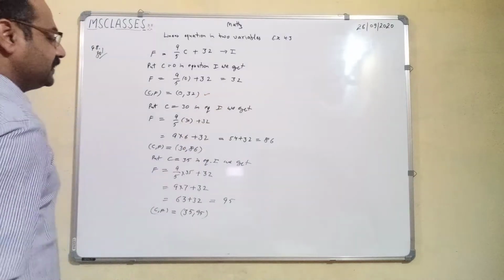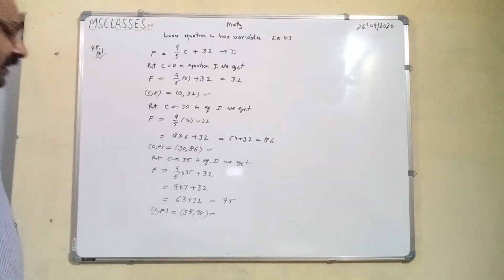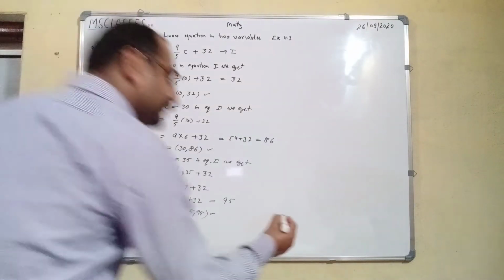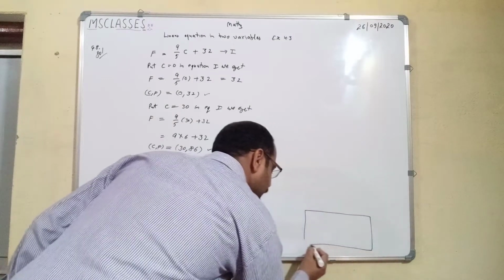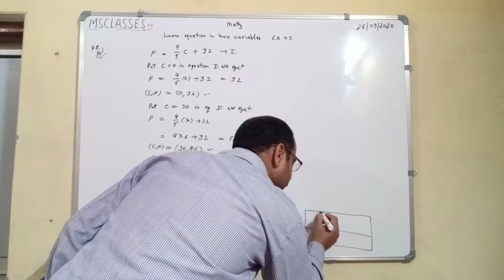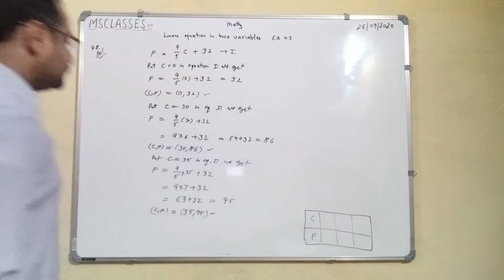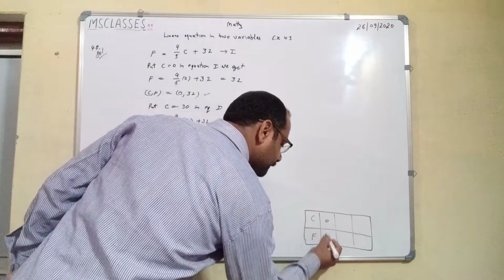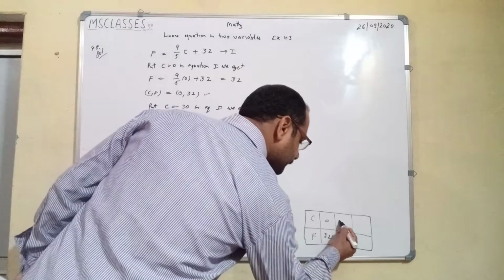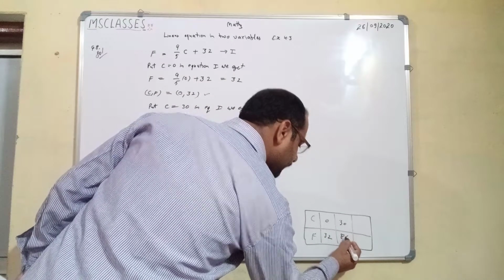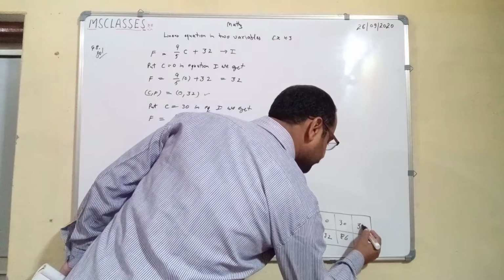Right. So guys, you have 3 solutions. Number 1 is (0, 32), second is (30, 86), and third is (35, 95). So we will make a table from these solutions, with the respective values of C and F. The first coordinate is (0, 32), the second coordinate is (30, 86), and the third coordinate is (35, 95).